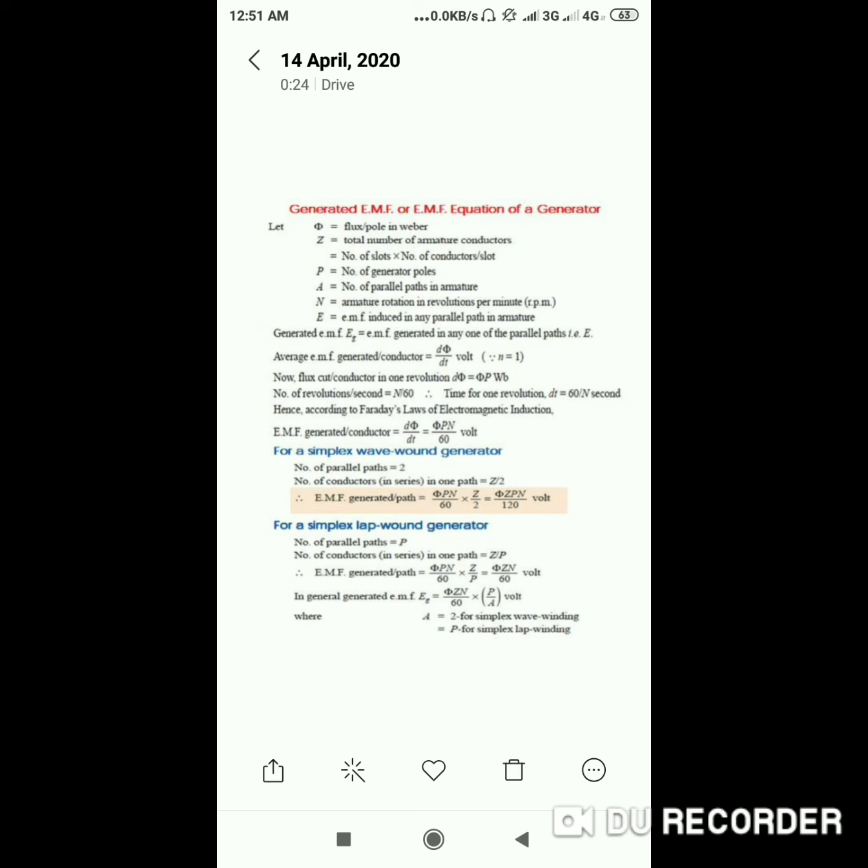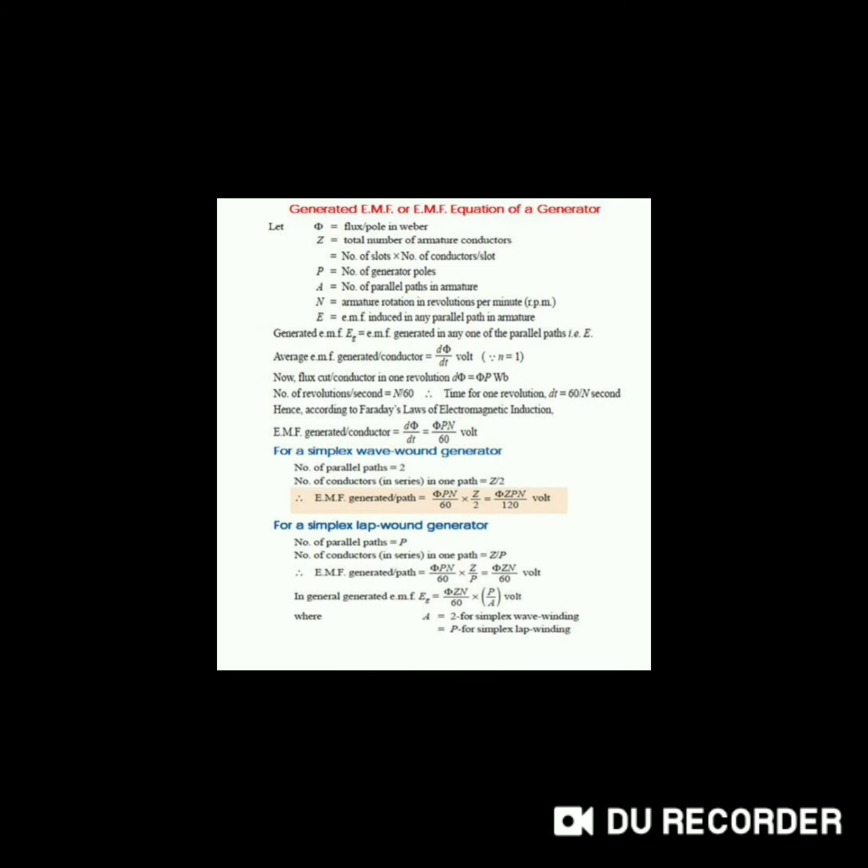The number of conductors in one path is given by Z by P. When you substitute this in the EMF equation, it becomes, for lap wound, phi ZnP divided by 60 into A, because the number of parallel paths is A, that is P equals A. Hope you understood this one.